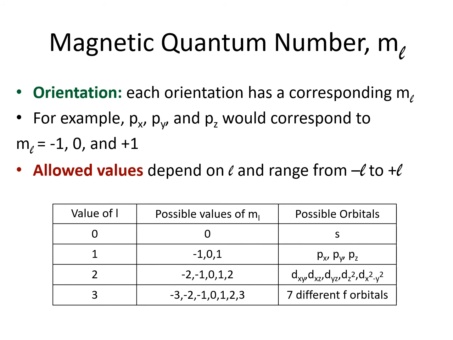When L is 3, m sub L ranges from -3 to +3. So there end up being 7 different values corresponding to 7 different orientations of F orbitals. Again, if I were making up the numbers, I would start counting at 1, but these are the numbers that are necessary to make the Schrödinger equation work.